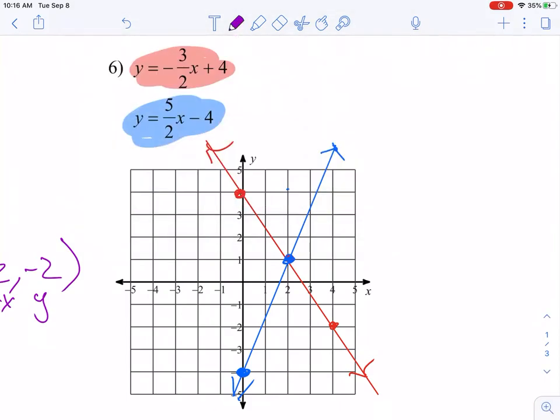And then the purple is where our points intersect, or where they cross, and that tells us our answer. So we describe our answer as our x value. So here's my x value. So the x is 2, and the y is 1.